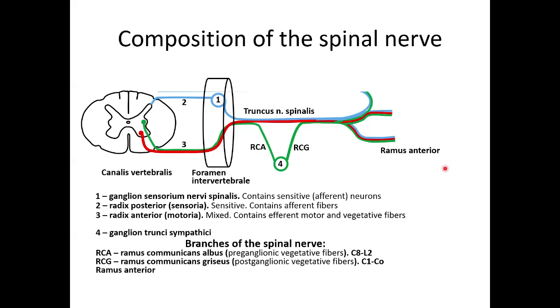Then ramus posterior. Ramus posterior also has 3 types of fibers. The same, but nevertheless, we already knew that ramus posterior is thinner than ramus anterior, which is thicker.